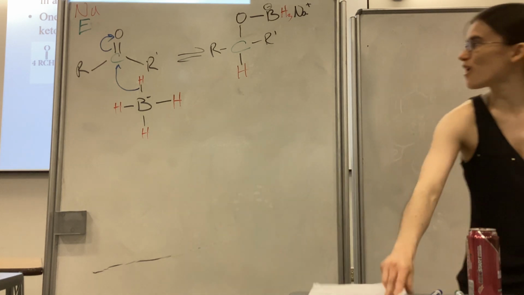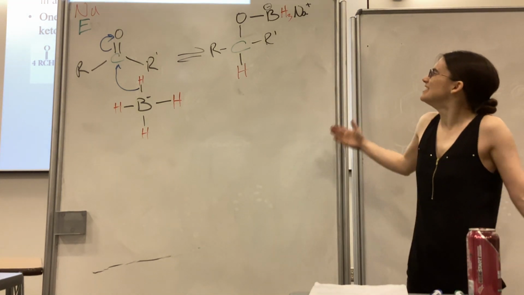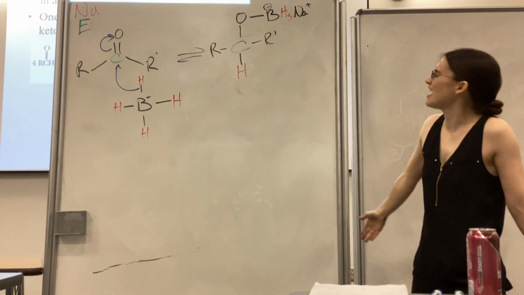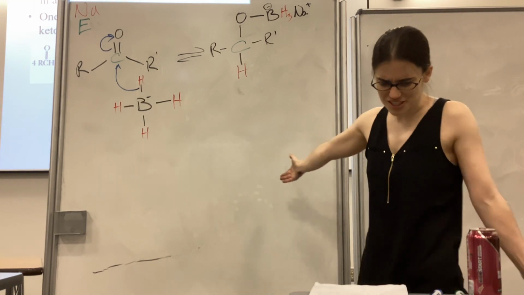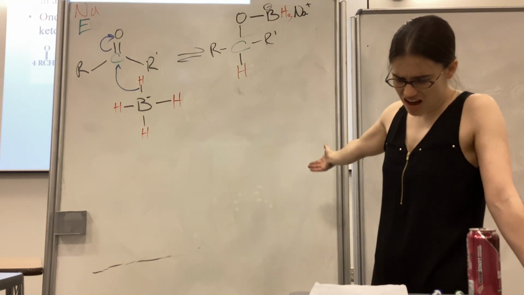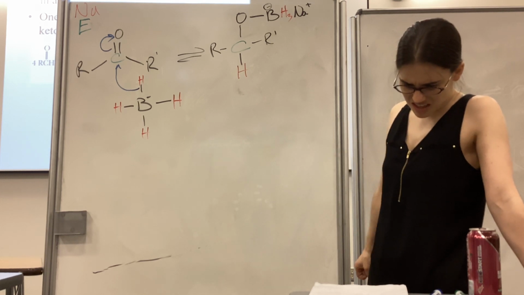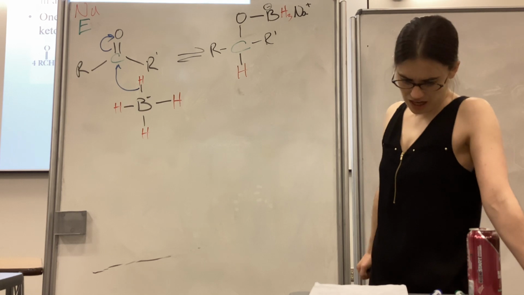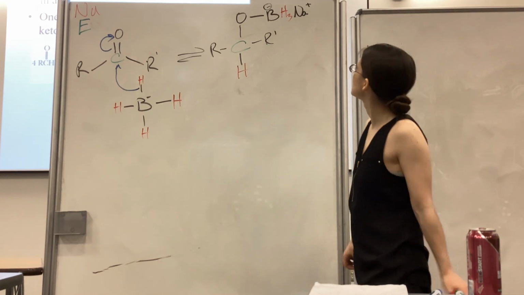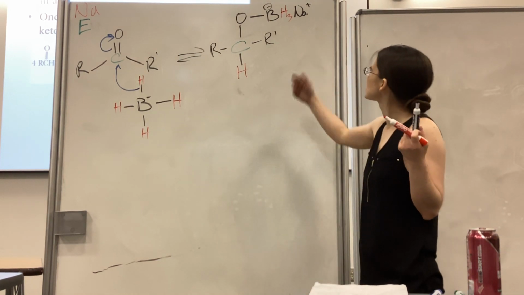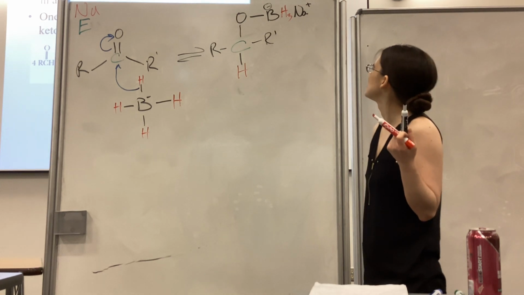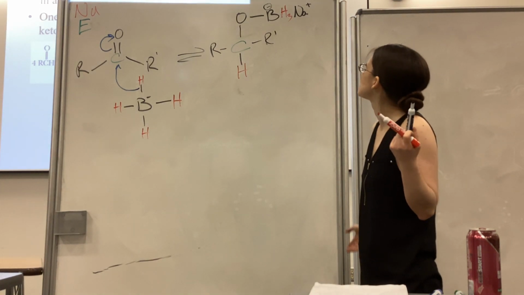So like they draw these two, and then they put that there, and I don't like it. I would rather just do O minus, honestly. Because doesn't the oxygen get a hydrogen after this? Yes, it does.